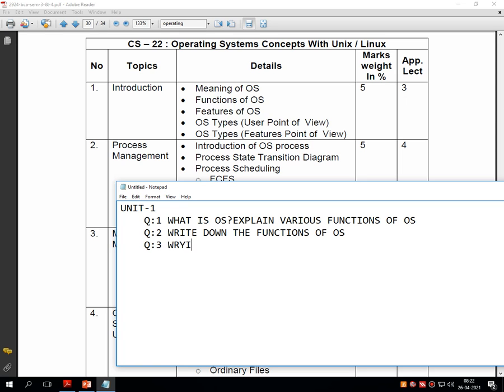Third, write a short note on various types of operating system.